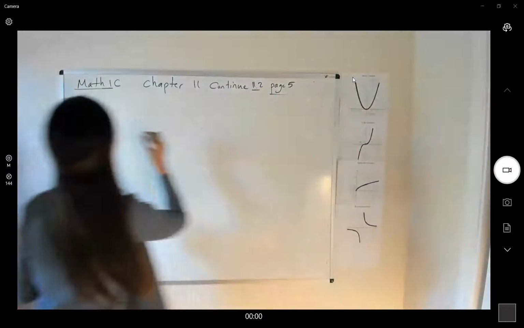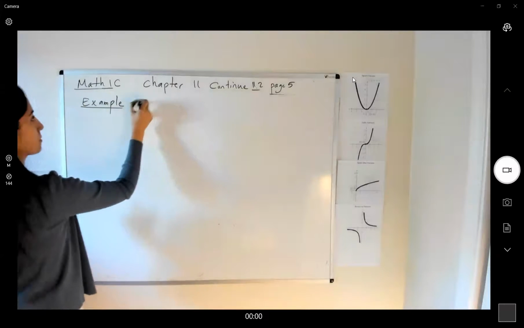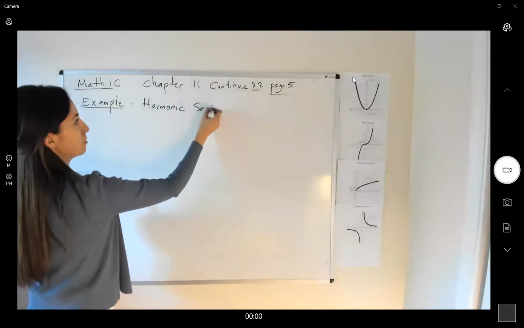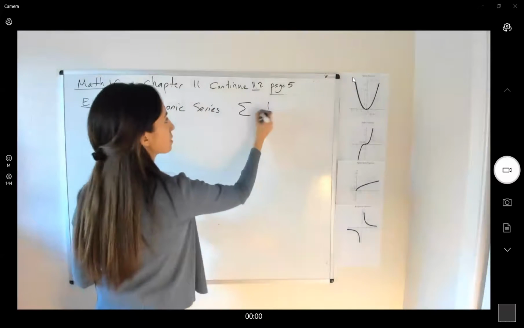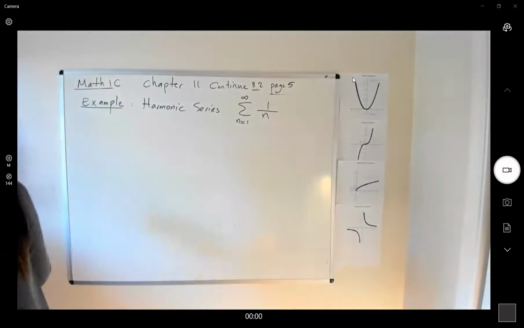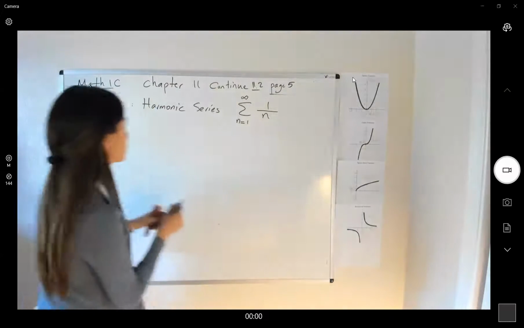Page 5, example, harmonic series, which is defined as the series 1 over n, and n starts from 1 and goes to infinity. Okay, let us analyze this series first.